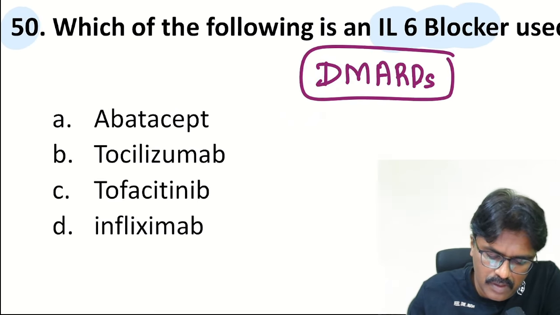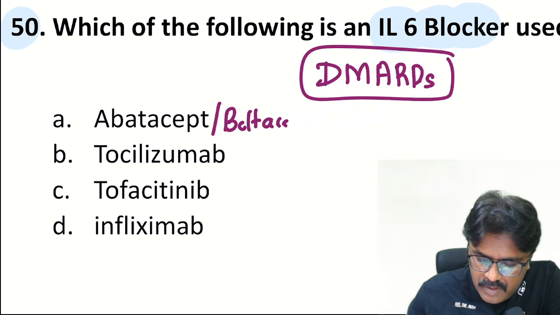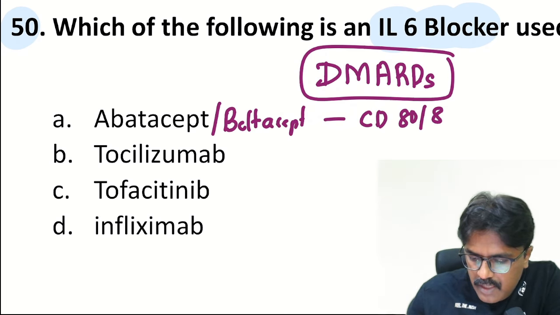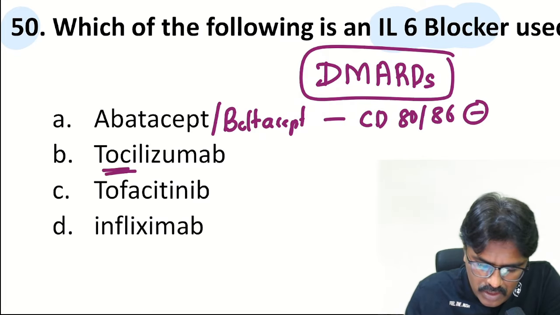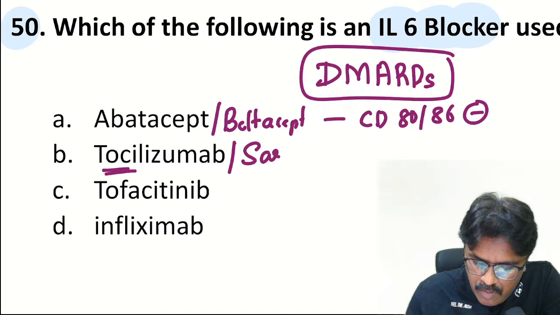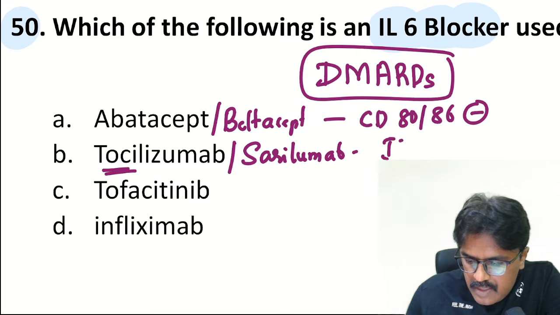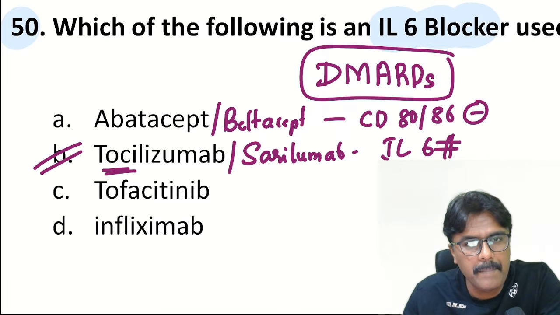Abatacept or a drug called belatacept, these are CD80/86 inhibitors. They are called co-stimulation inhibitors. Tocilizumab, sarilumab, these are IL-6 blockers. So the answer for this question is option B.